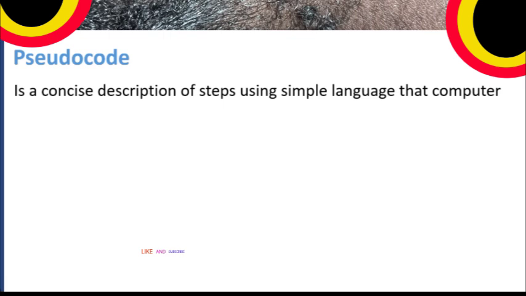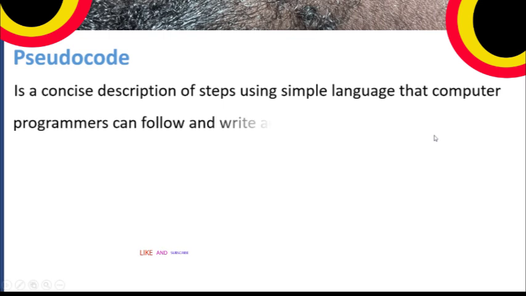What is a pseudocode? It is a concise description of steps using simple language that computer programmers can follow to write actual computer code. It means that some of these computer codes that we write, we can do better when we have a pseudocode somewhere.